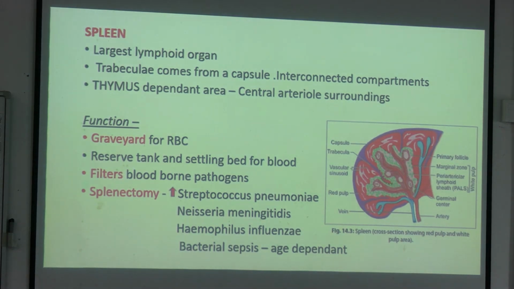Okay? So, you give the bacterial vaccines to the patients who have undergone splenectomy, because there will be some problem with the immunity of the patient, because you will be losing the largest lymphoid organ of the body. Understood? Okay.